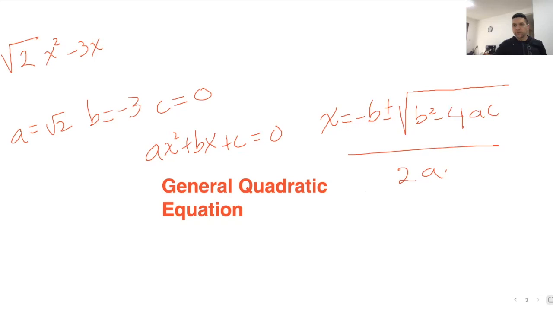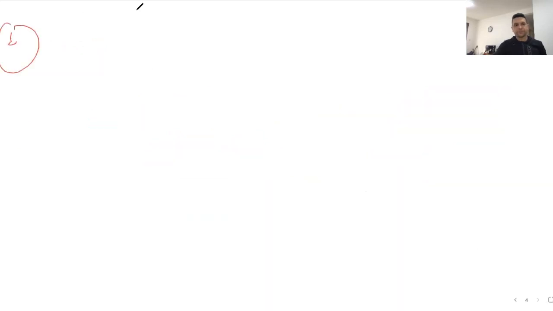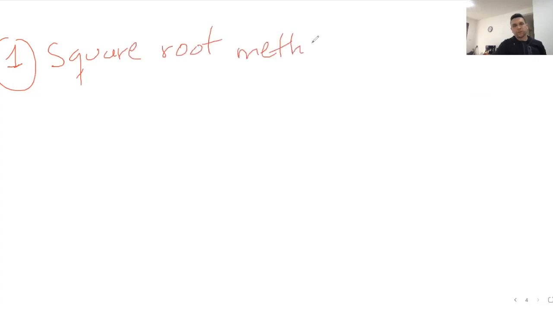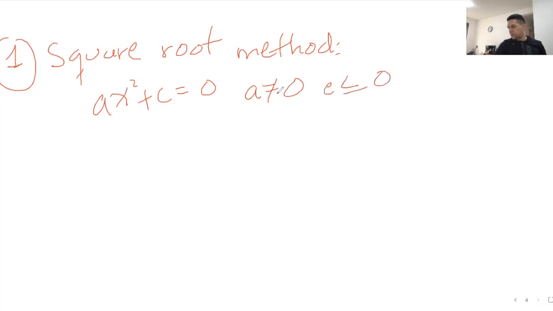Let's take a look at the square root method first. If they give it to you in this form, a times x squared plus c equals 0, where a does not equal 0, and c is less than or equal to 0.